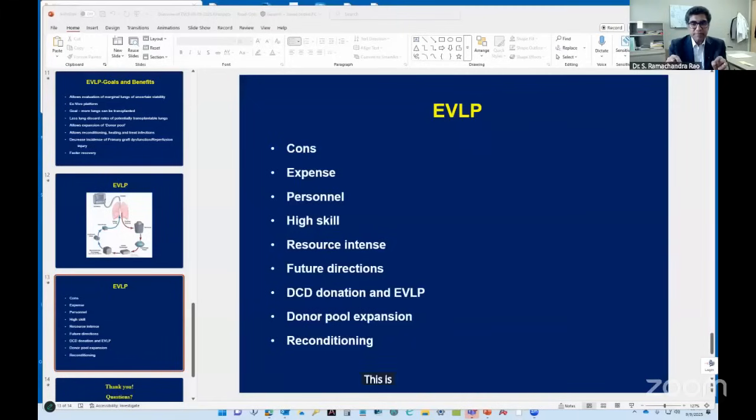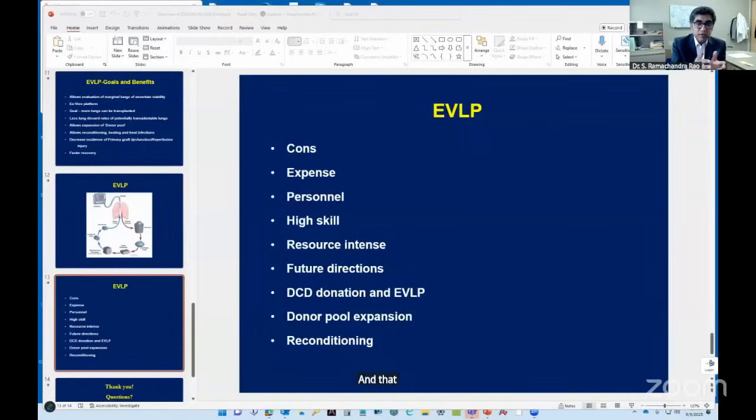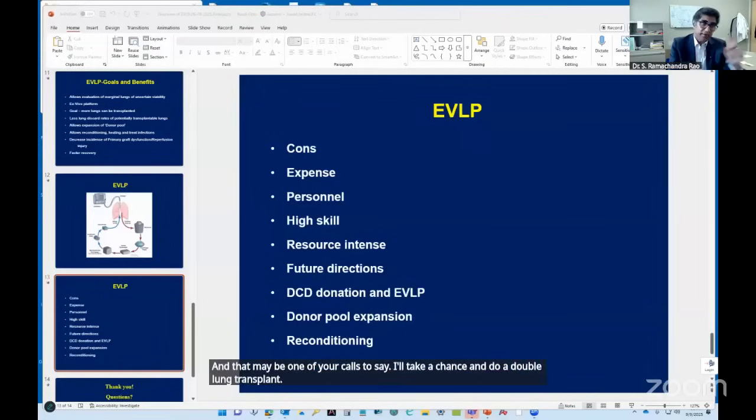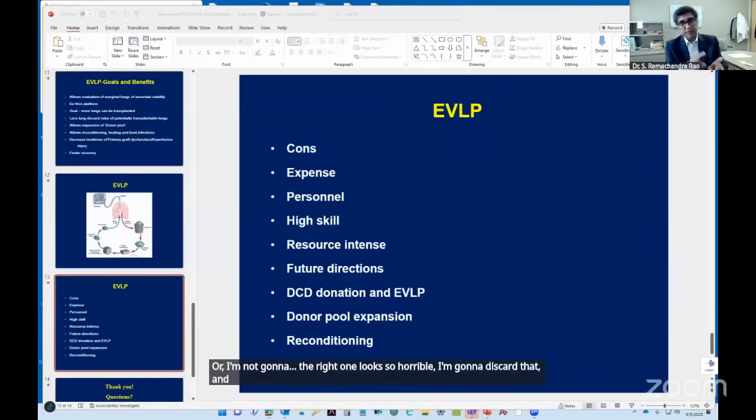This is a good time to make sure you have the left atrial cuff. You can even put a little needle and sample the pulmonary venous blood and assess which lung is getting better. On the x-rays, you can tell which one has worse compliance and which one is deteriorating. That may be one of your calls to say, I'll take a chance and do a double lung transplant, or the right one looks so horrible, I'm going to discard that and just procure the left lung.